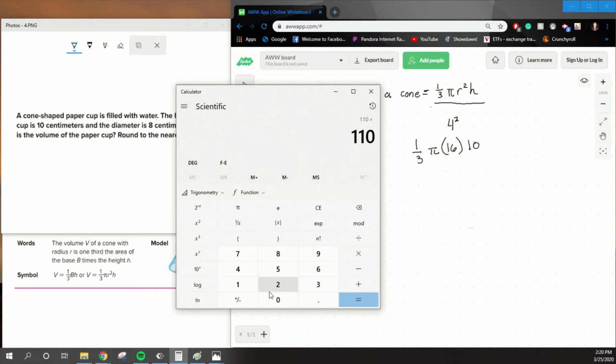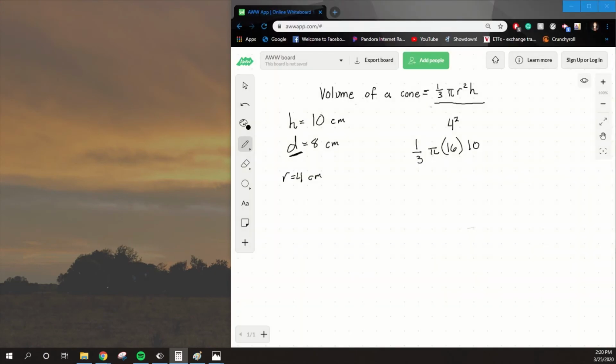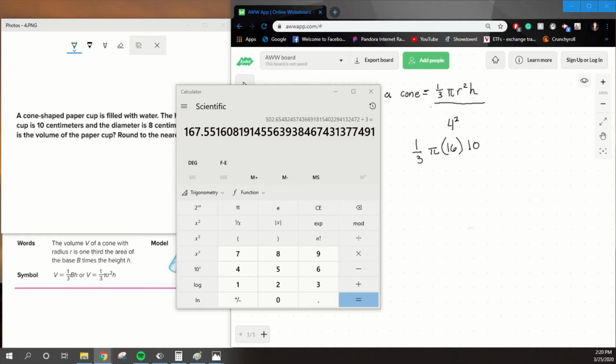10 times 16, 160, times our pi. Divide that by 3. We get 167. And remember, we're rounding to the nearest tenth. Let me double check our answer here.